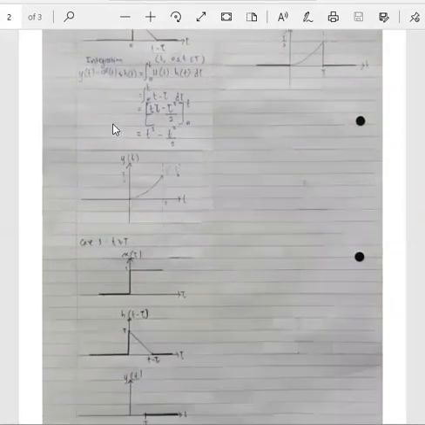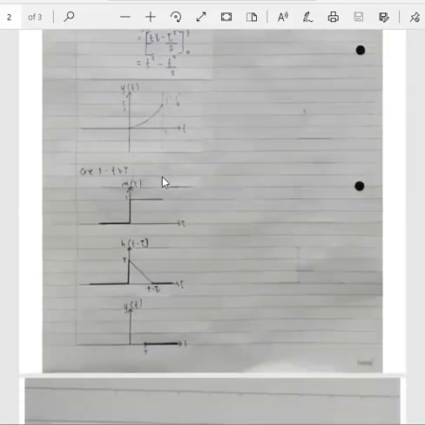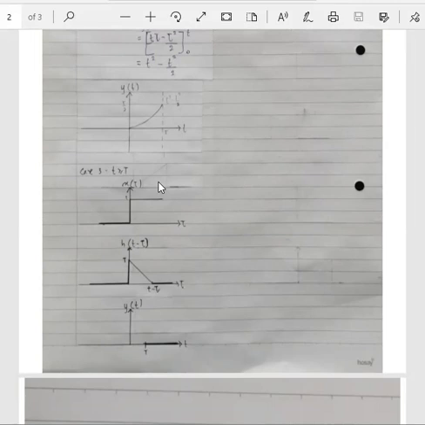Since it's a square, it will be a parabola like this. It's from 0 until t over 2 because of the range given. And now we go to case 3, which is t is more than or equal to t. We do the same thing, x(tau) and h(t minus tau).